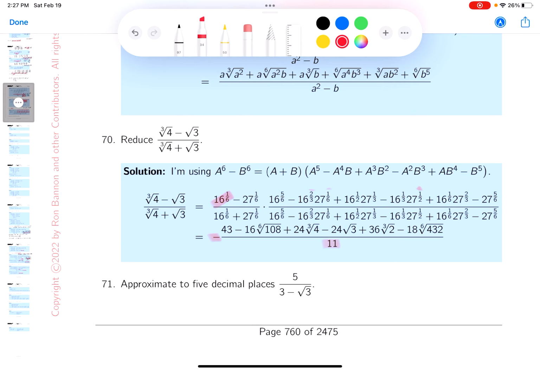I'm taking this number, and I'm going to distribute every single term on top. And I'm going to go slow with you. So it's going to be 16 to the 1/6 times 16 to the 5/6. That would give me 16 to the 6/6, which is just 16. Minus, well, 1/6, I'll write this on the side, plus 2/3, which is going to give me 5/6.